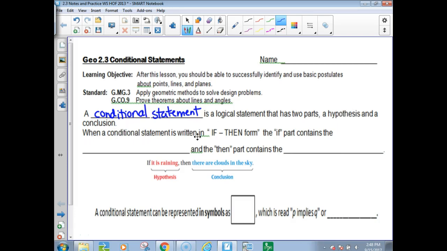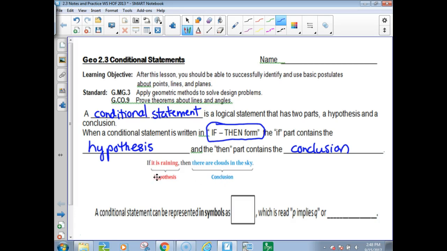When a conditional statement is written in if-then form, the if part contains the hypothesis, and the then part contains the conclusion. And that is when it is in if-then form. So it's got to be in if-then form for you to identify it the way I'm stating this.